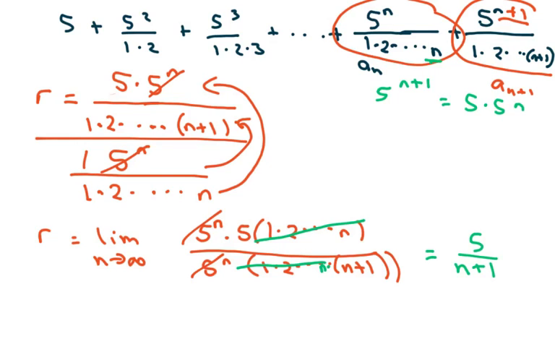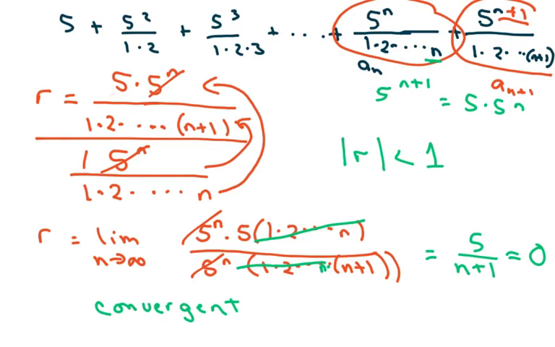And when you put a huge number into that, it's going to be convergent, because the absolute value of r is less than 1, and this equals 0. So that means it's convergent.